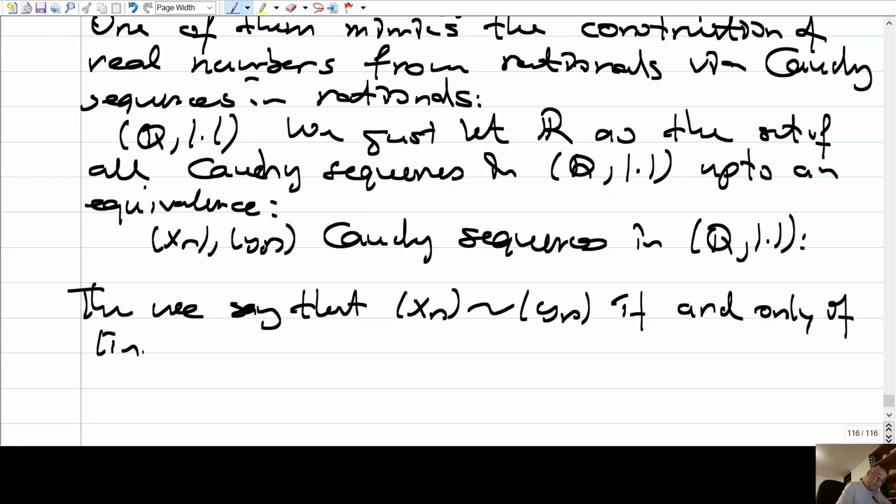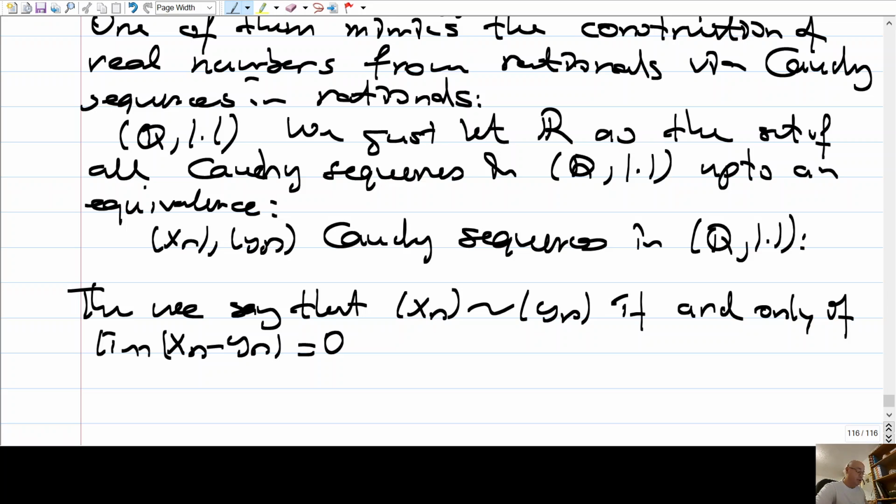So the limit of xn minus yn is 0. This is a smart way of saying that they converge to the same real number.